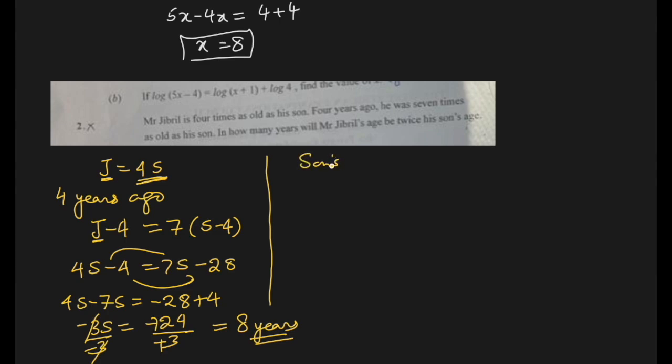So his son is 8 years old. Son's age equal to 8 years. Mr. Gabriel's age is 4 times his son's age. 4 times 8, 4 times 8 is 32.